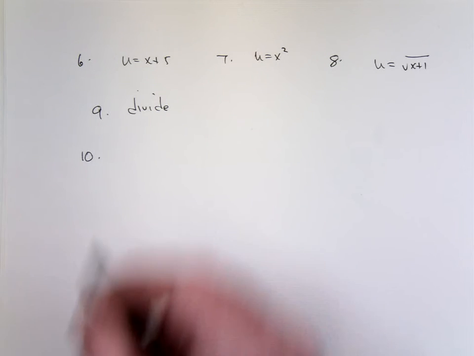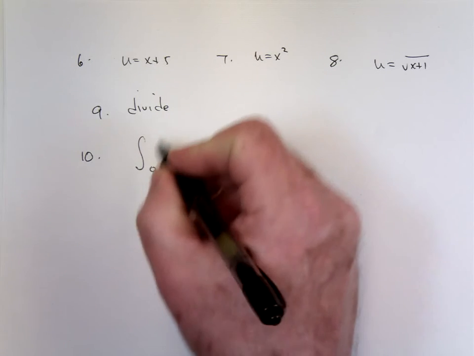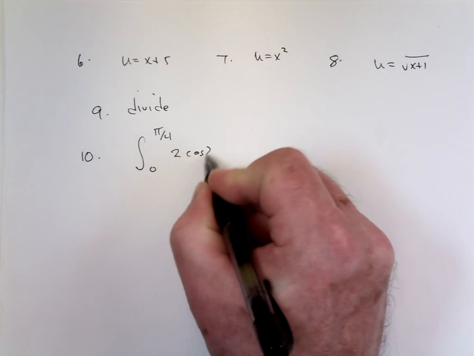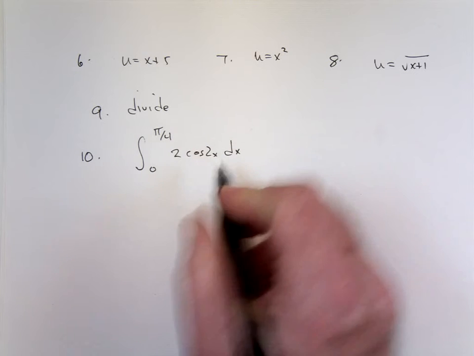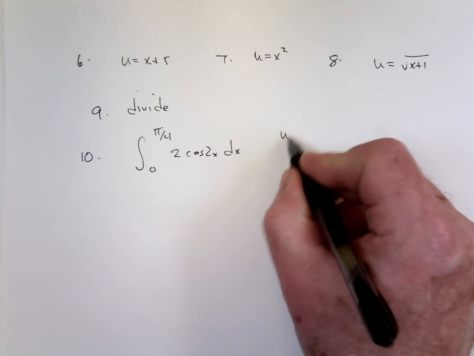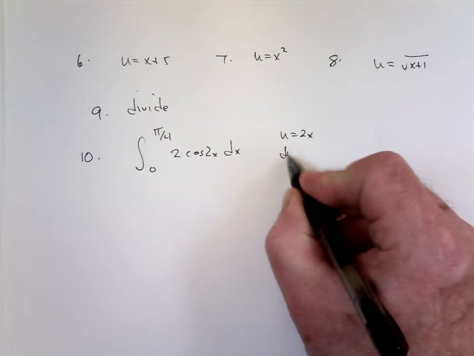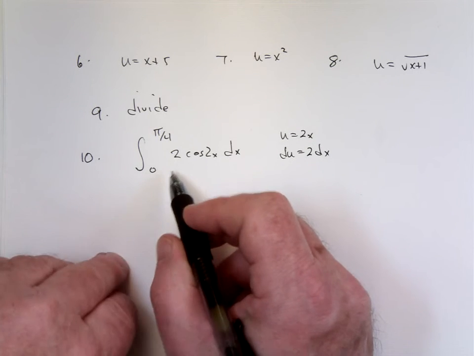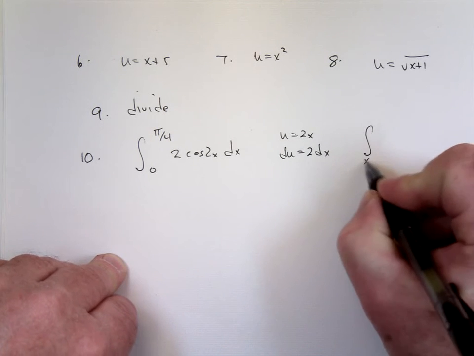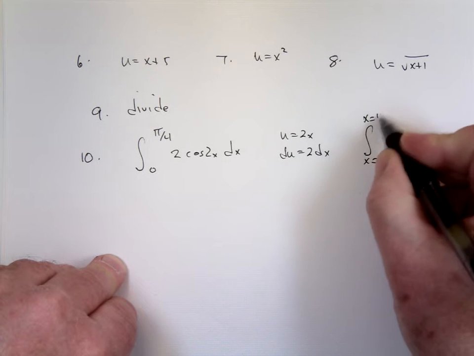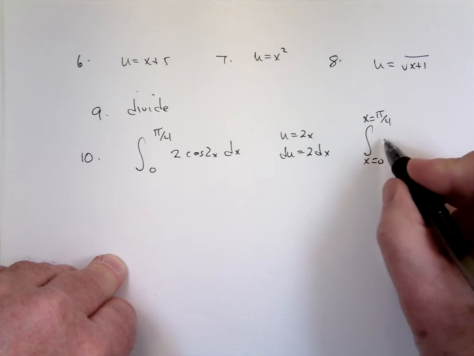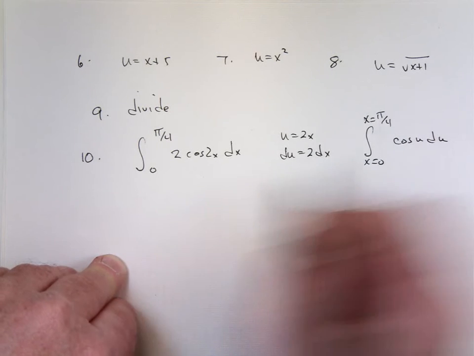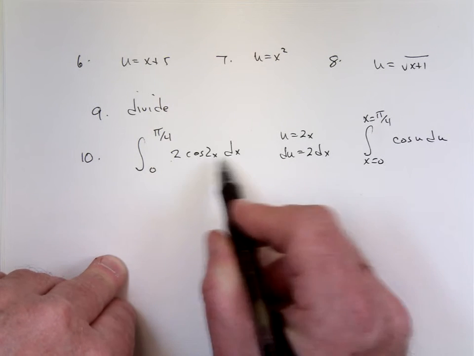Integrate each. Well, let's take a look. 0 to pi over 4, 2 cosine 2x. This is a cosine u form. u is 2x. The du is 2dx. We have a 2 right there. So the integral is cosine u du. u is 2x. The du is 2dx.